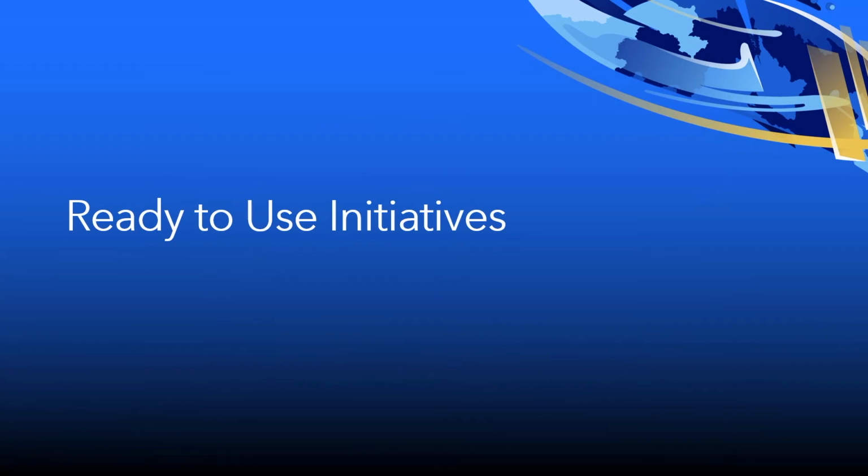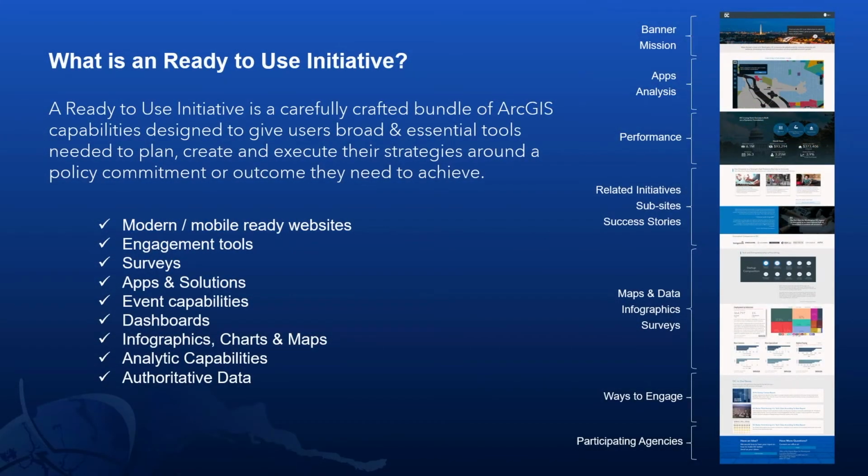The next topic that we want to transition to is ready to use initiatives. Initiatives are an element of Hub. Really, these are a bundle of apps, capabilities, and sites that are put together to help you get started quickly. What are the cards and messaging that are pulled together?